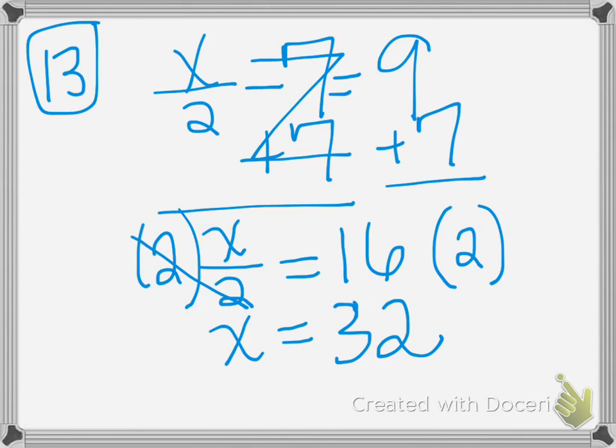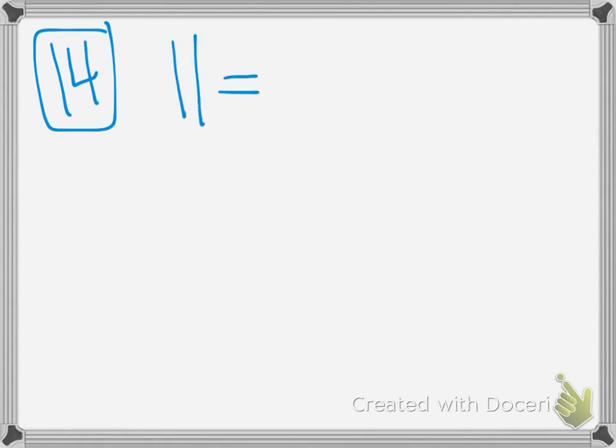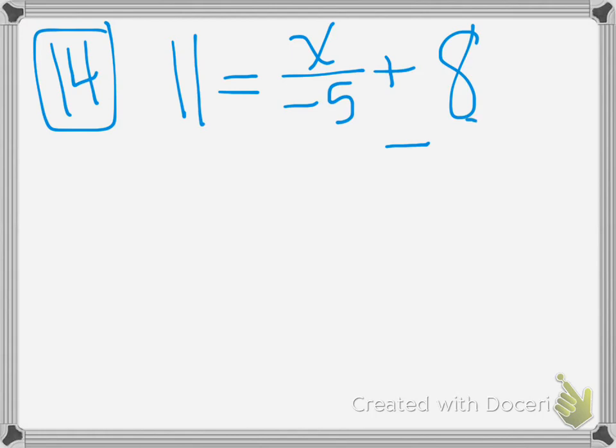All right, number 14. Number 14 says 11 equals x divided by negative 5 plus 8. I'm looking on the side with my x, so that's the right-hand side. I need to undo my plus 8, or my constant, first.